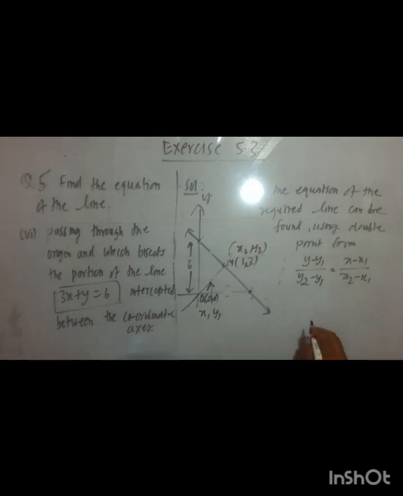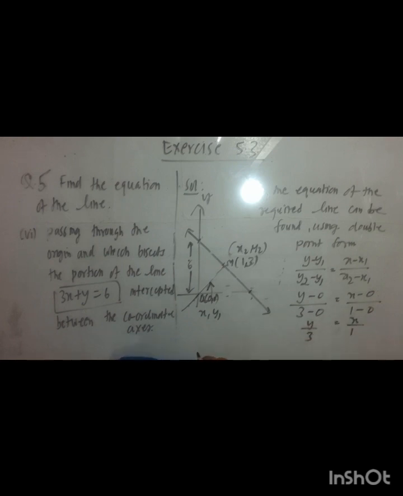So what is y1? y1 is 0 and x1 is also 0. So y2 is how much? y2 is 3 and y1 is 0. Again here x2 is 1 and x1 is 0. So it will be x upon 1, y upon 3.